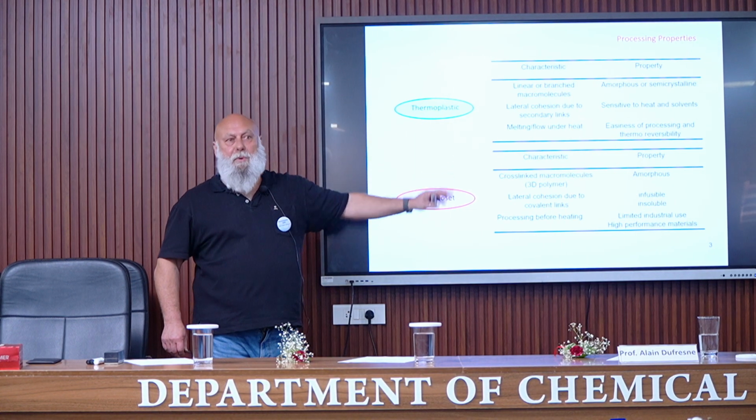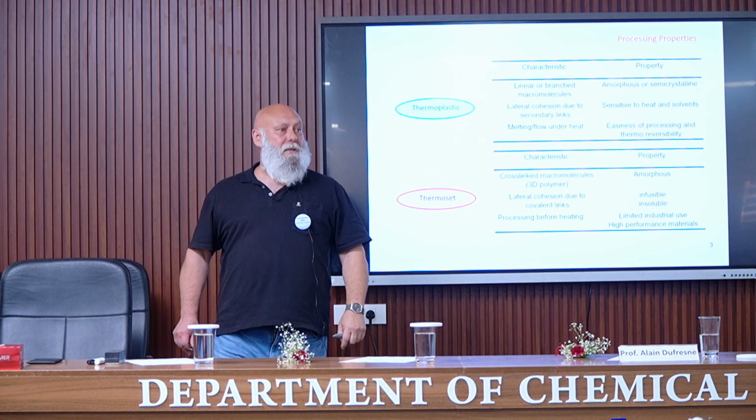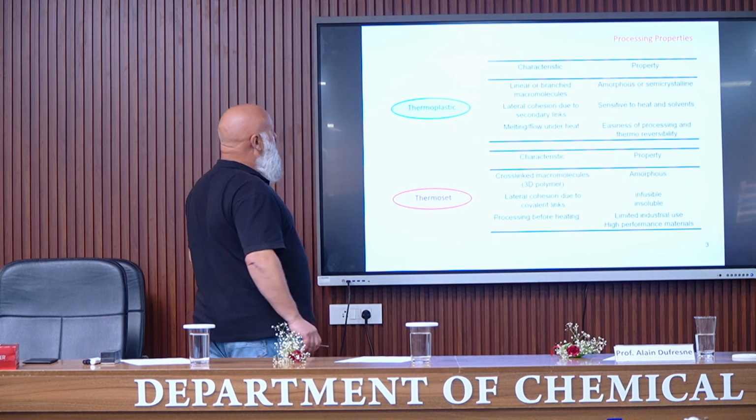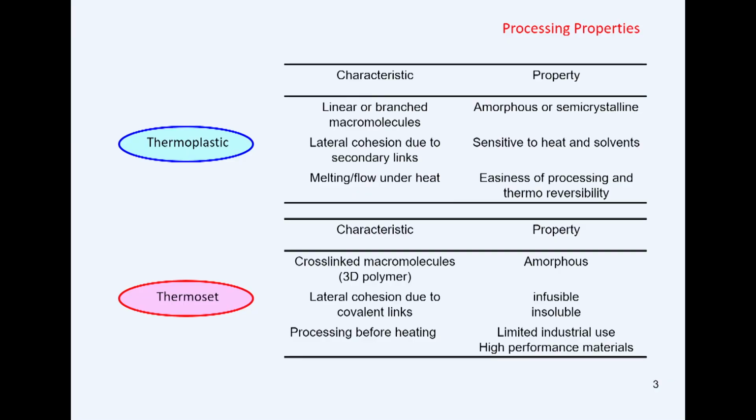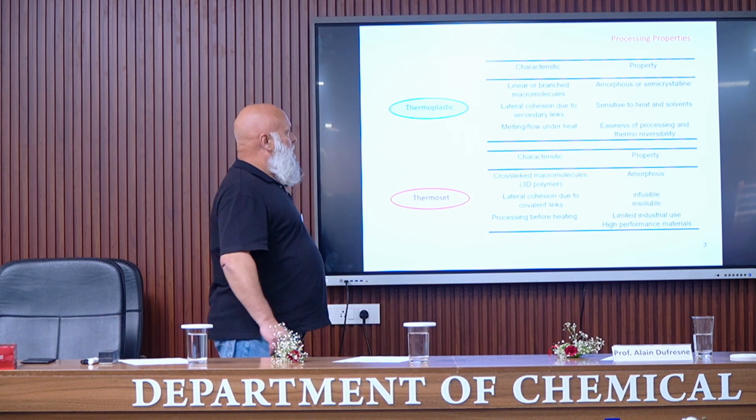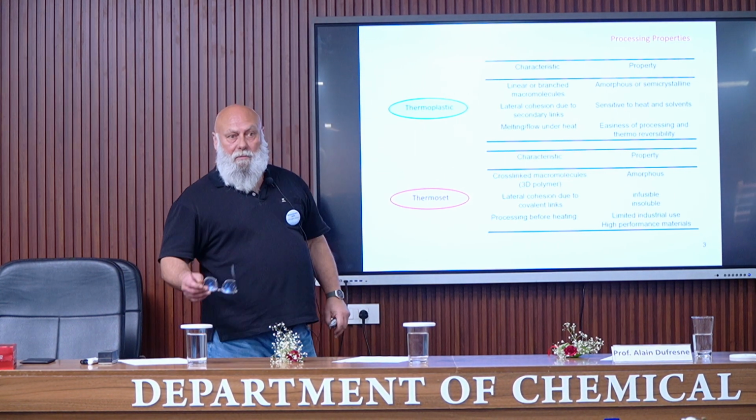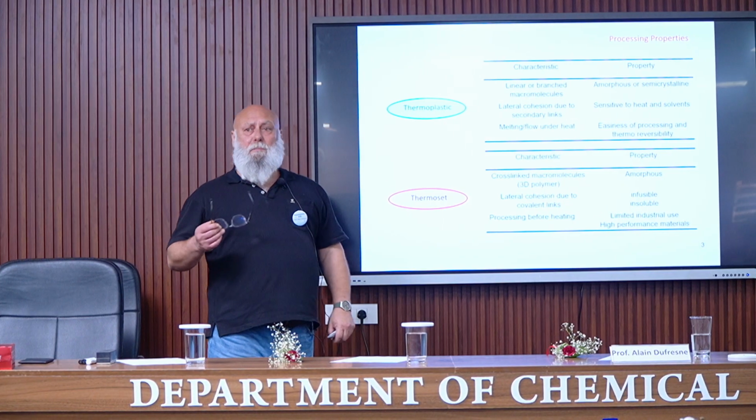So thermoplastic polymers consist of linear or branched macromolecules. And one important consequence is that this material can be fully amorphous or it can be semi-crystalline. So it depends on the nature of the polymer and so on.